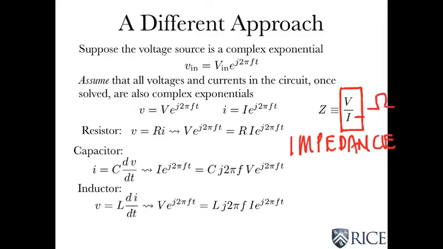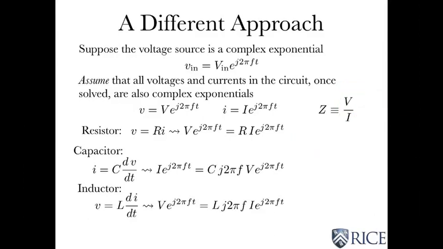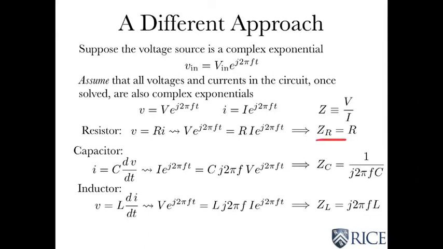Okay, so impedance has units of ohms. However, for the capacitor and the inductor, they're complex valued. So the impedance of a resistor is just the resistance, but the impedance of the capacitor is 1 over j2πfC. Impedance of the inductor is j2πfL.